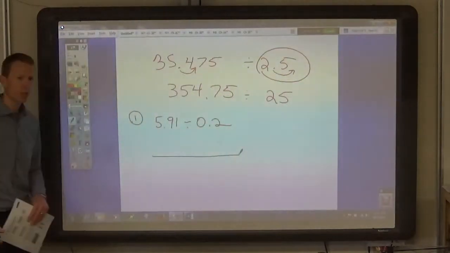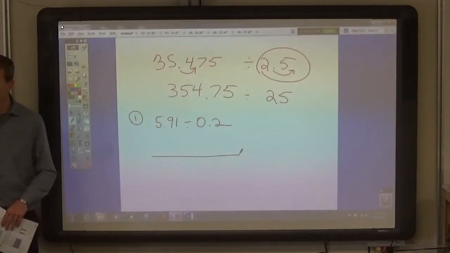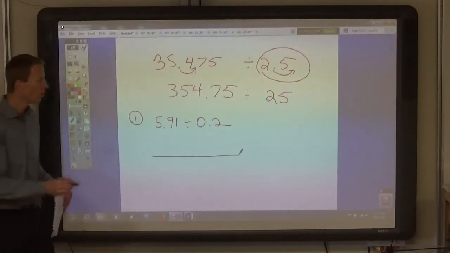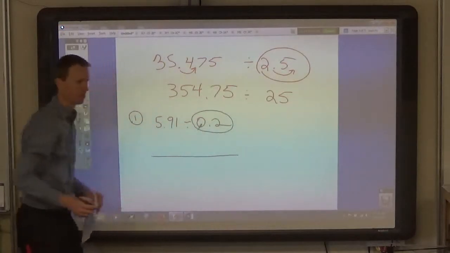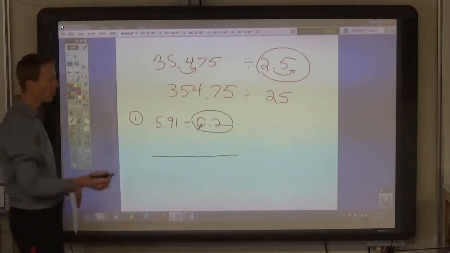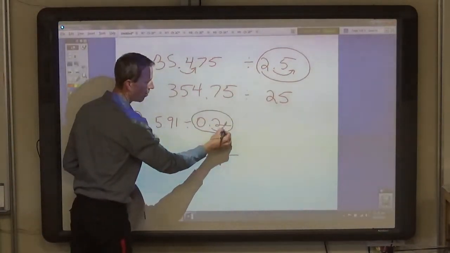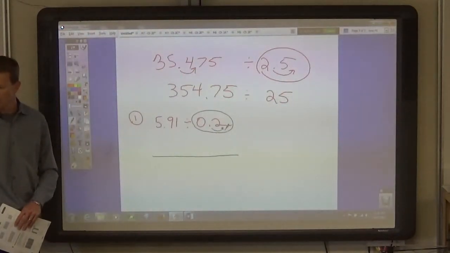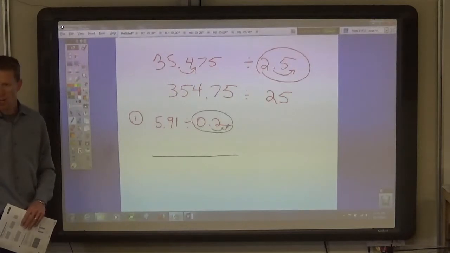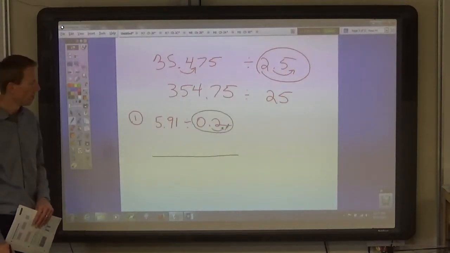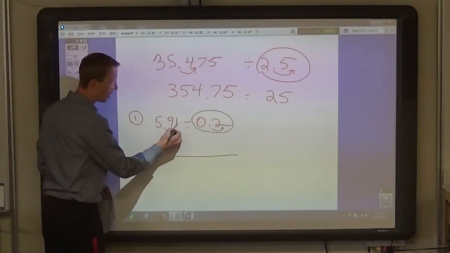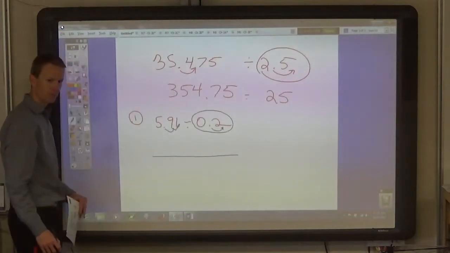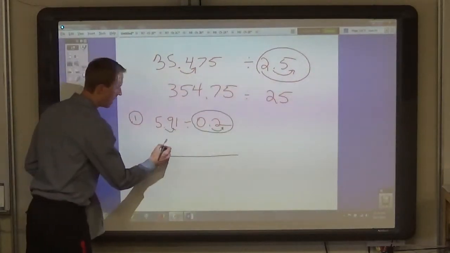On the line, you should write the new problem with a whole number divisor. So first, make this number a whole number. So draw that arrow. Everyone draw that arrow. And then draw an arrow in the dividend. And then write the new problem.